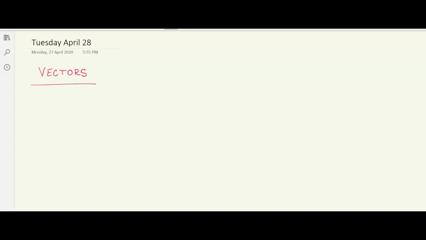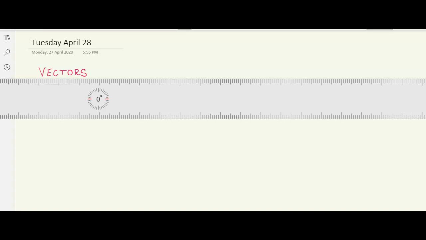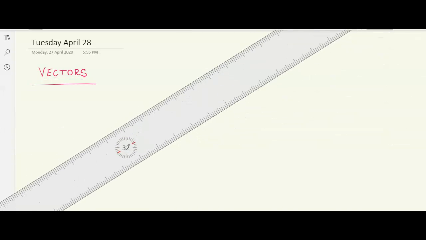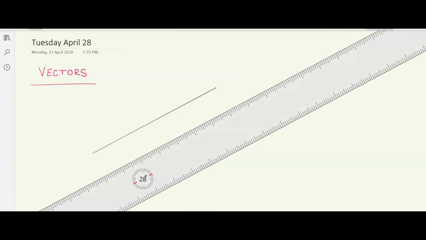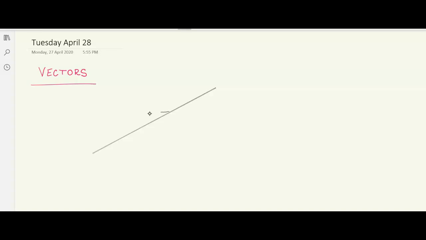So it's important that we slow down through this, and we take time to get the basics right, so that we can build on those when things get a little bit tougher. So from scratch, a vector is simply an object that has both magnitude and direction.